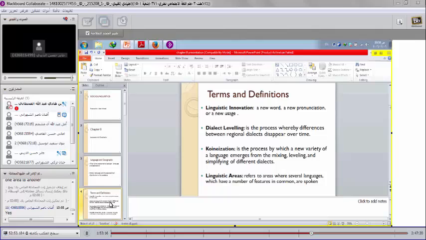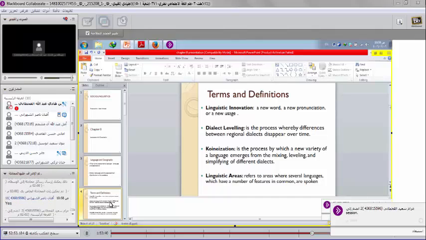So let's talk again about the Arabic language. There is a study by Yasser Jum'ah in 2015 about Saudi youth slang innovations. Actually, Yasser mentioned some examples of these, let's say, not linguistic but slang innovations used among Saudi youth.